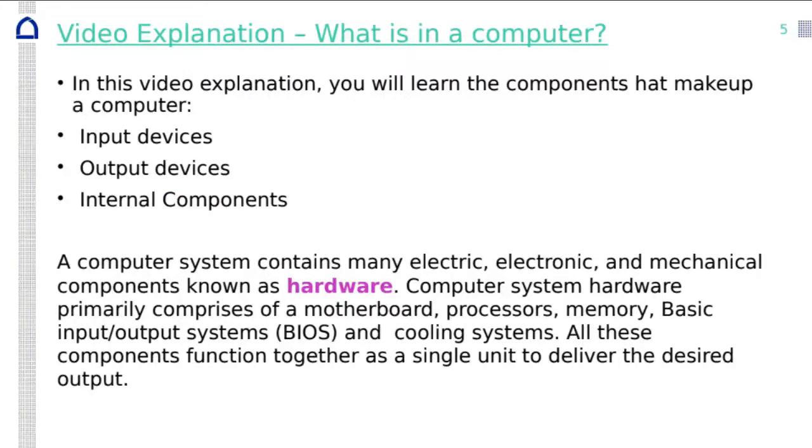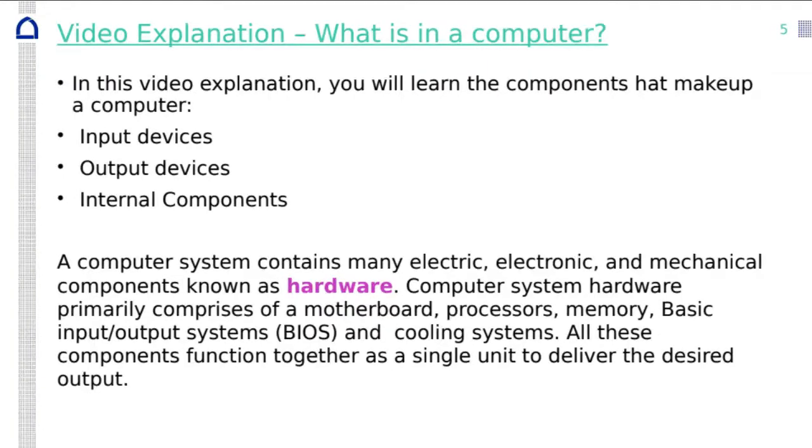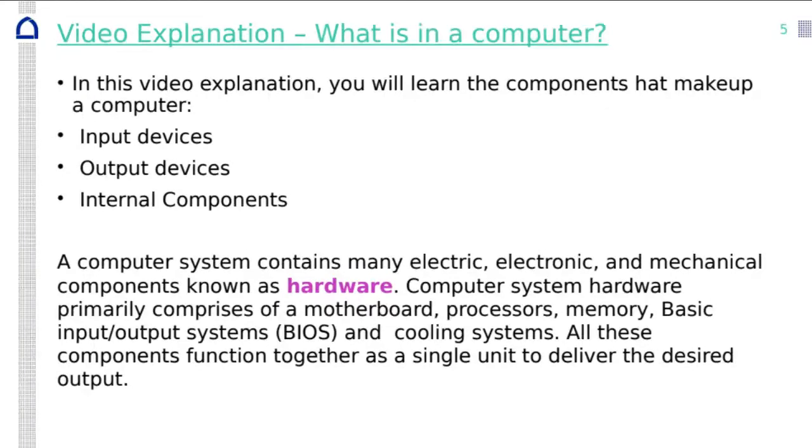I'm going to run a video for you later, at the end of this presentation, that will show you the components that are needed to assemble a computer, and I will show you some samples of input devices, output devices, and some of the internal components on the motherboard of your computer. The computer system contains many electronic and mechanical components. We call them hardware.